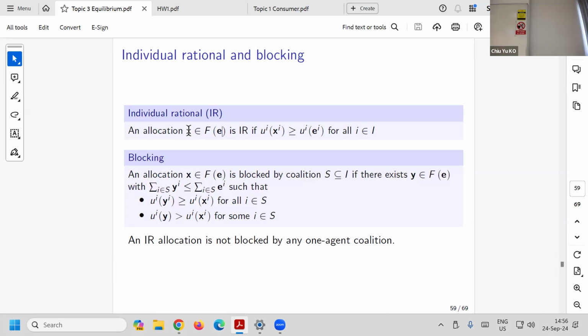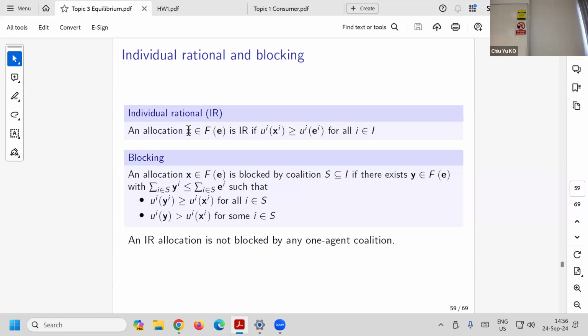So what we do is say an outcome that is blocked, we take it out. Remember, we start with all possible outcomes, apply some property, take out the outcomes that are not feasible, and what is left is our solution, without telling us why the outcome is not good. We say an outcome is blocked by some group of agents if there exists another allocation such that, if they use up their own resources, they can be better off.